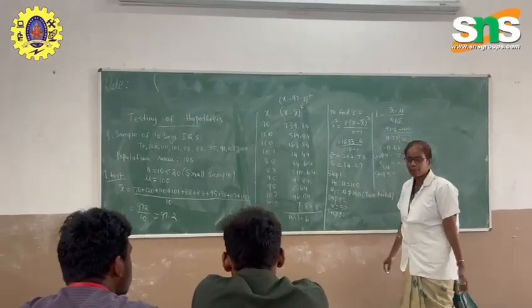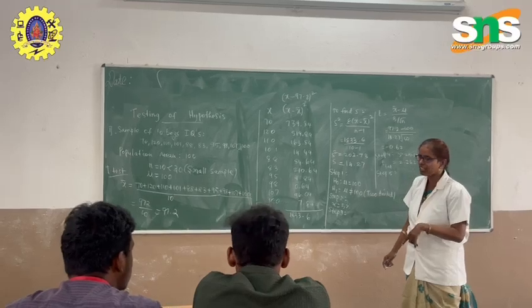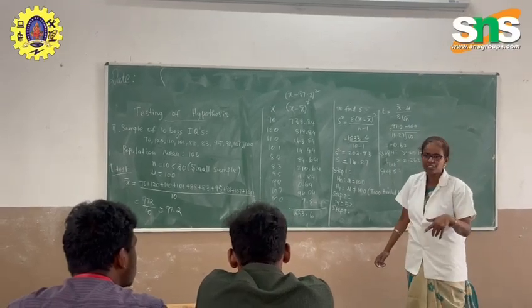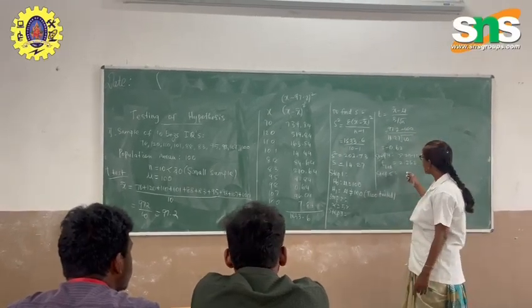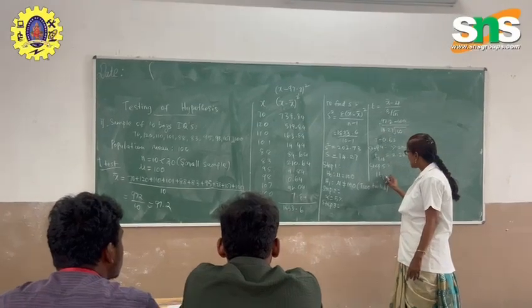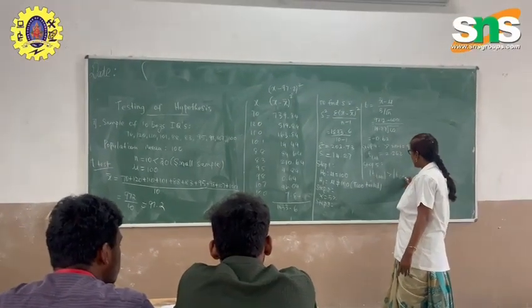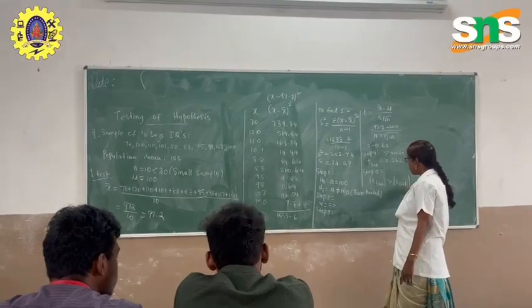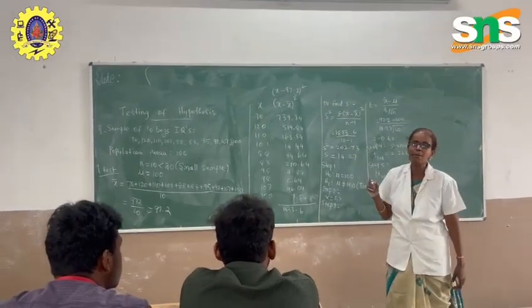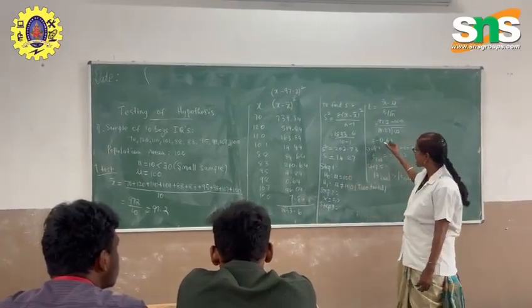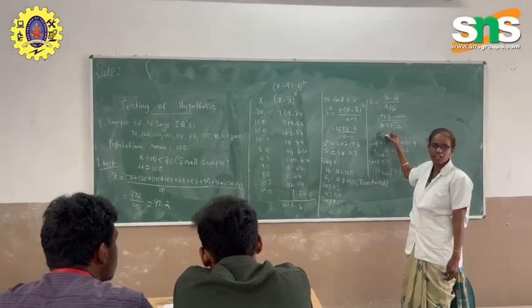The final one is step number 5. We need to compare the table value and the calculated value and see which is the maximum. The t table value is greater than the t calculated value in modulus. Why do we put the modulus? Because we need to find the maximum value, so omit the minus sign and take the number alone.